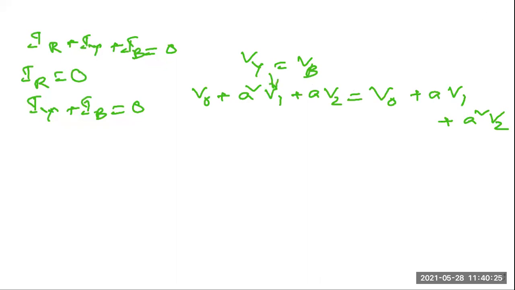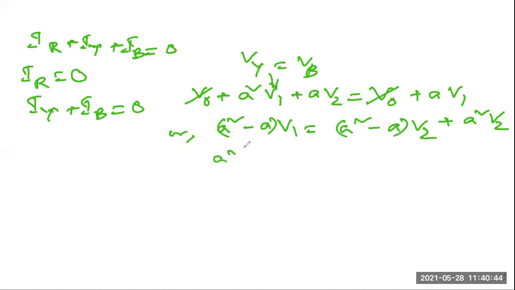Yes, sir. Okay. So this V0 and V0 we can cancel from both sides. So we get a square minus a into V1 equal to a square minus a into V2. Now this a square minus a is not equal to 0. So we can say V1 equal to V2.